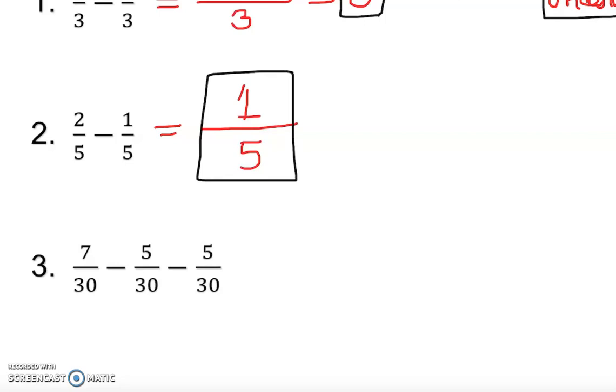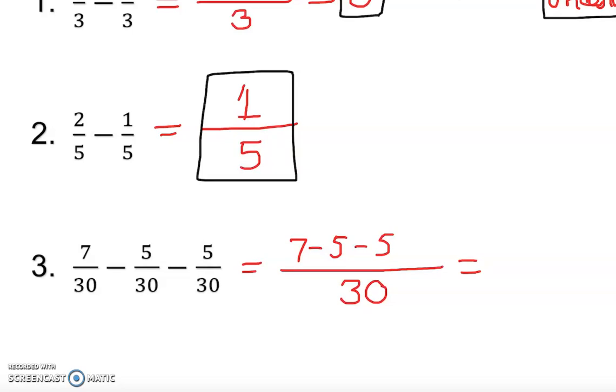Now we're going to go to the next one, and clearly this line is a division line. On the bottom is 30, so you write it down. And 7 minus 5 minus 5 is definitely going to give you some negative numbers.